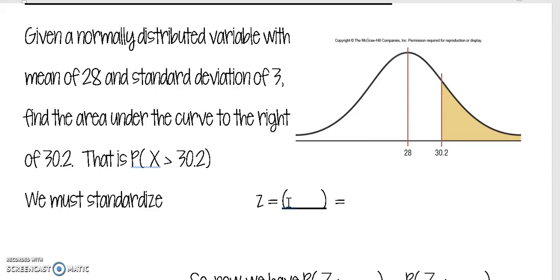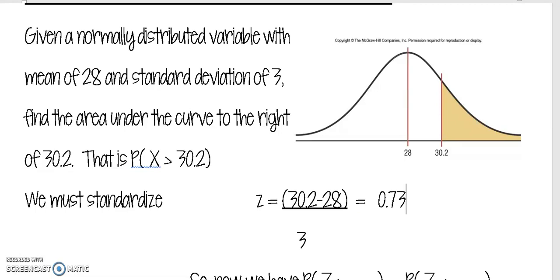We take our x value of 30.2, subtract the mean of 28, and divide that difference by the standard deviation, which was given as 3. So that gives me 2.2 divided by 3, which is 0.73 repeating.